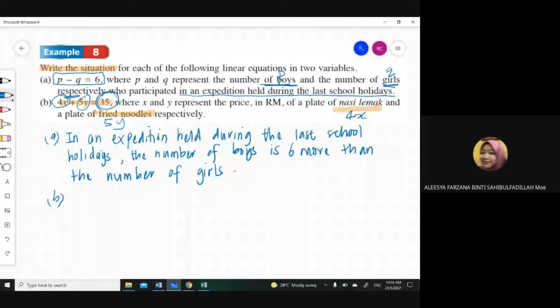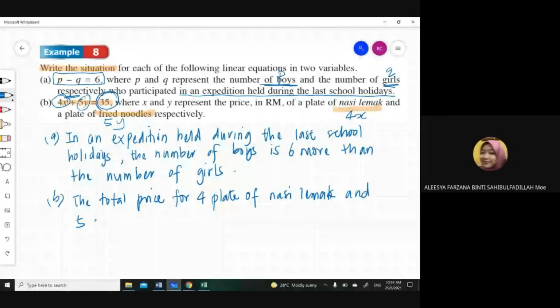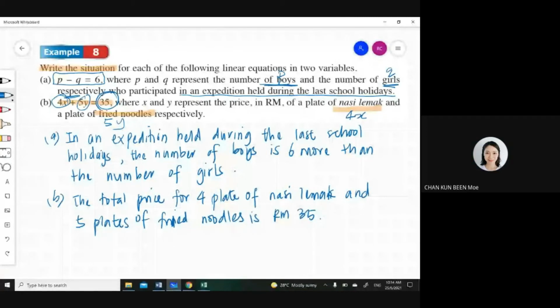The total price of 4 plates of nasi lemak and 5 plates of fried noodles is RM 35.